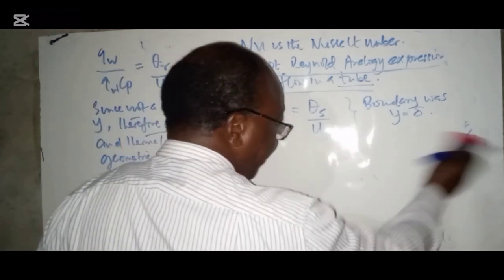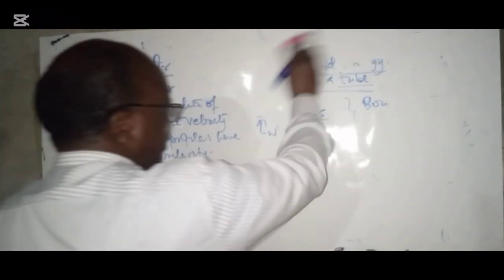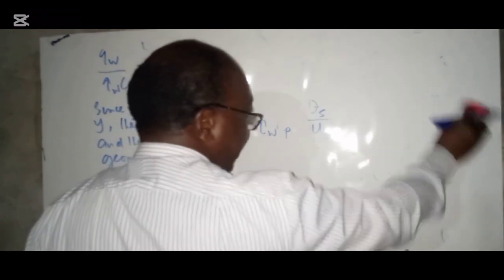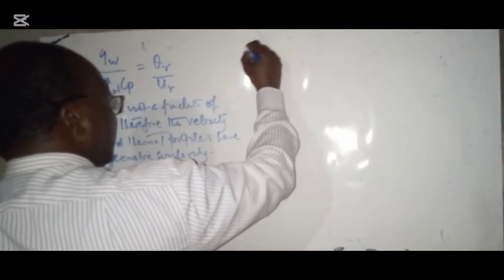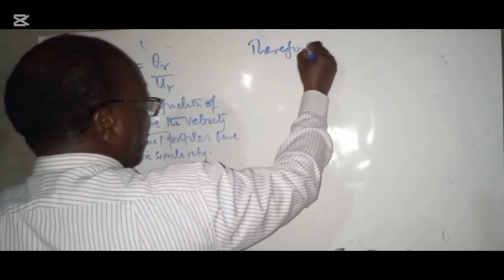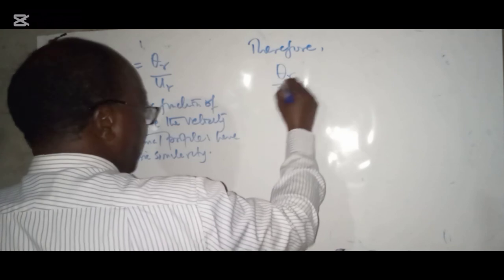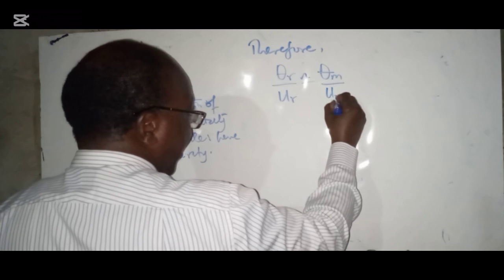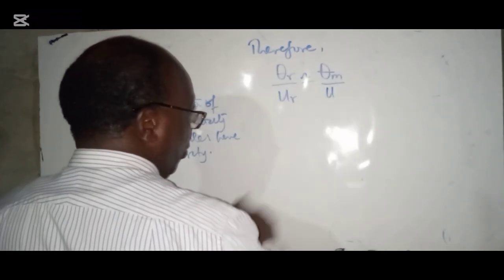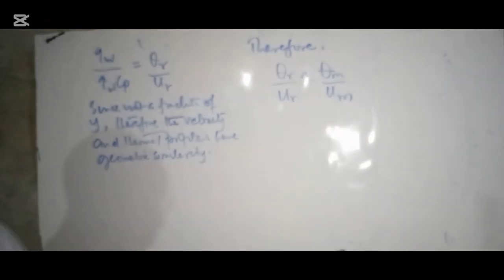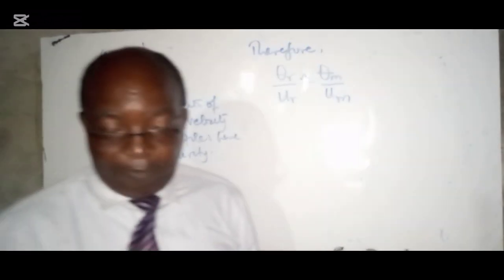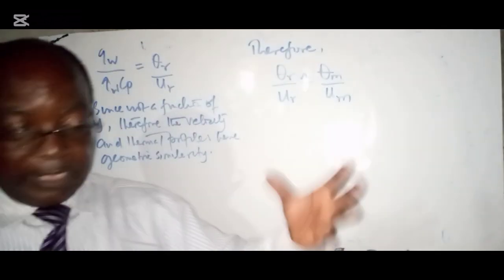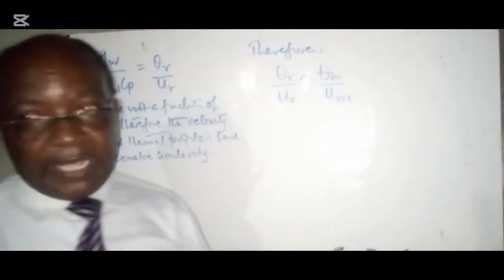But remember that we can go further and work on the fact that they have geometrical similarity, so that theta R and U R can be assumed to be the same as the mean values of those quantities. Remember from our earlier discussions on turbulent flows, we talked about means, the Reynolds decomposition, the expected value and the mean.